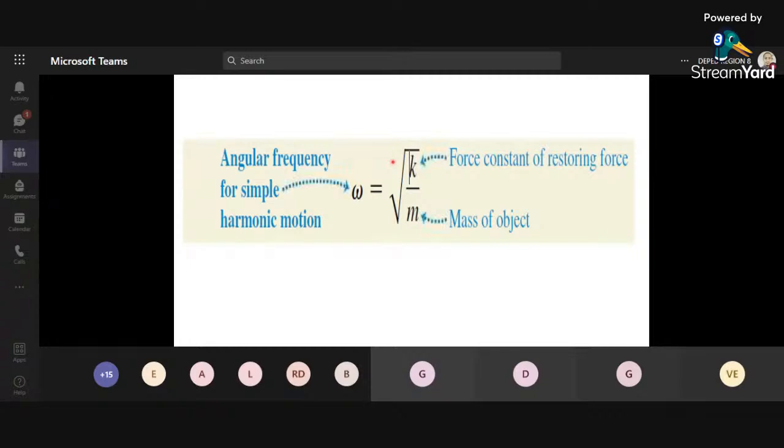So if we start oscillating a body in simple harmonic motion, the value of the velocity or the speed is not ours to choose. So this value of omega is predetermined by the values of the restoring force and the mass. Alright, okay, ato i-review lang.